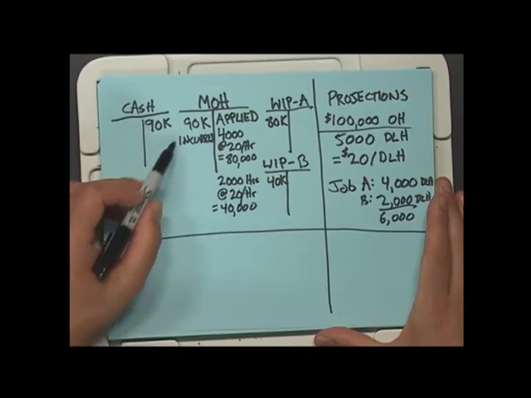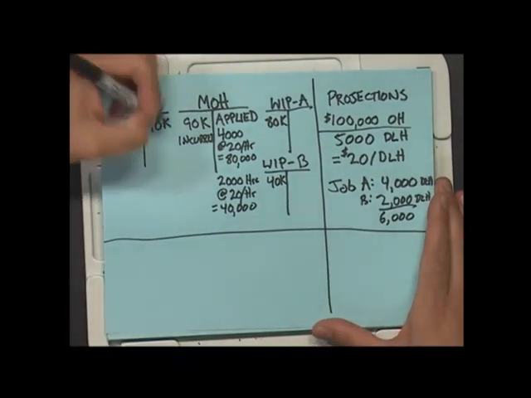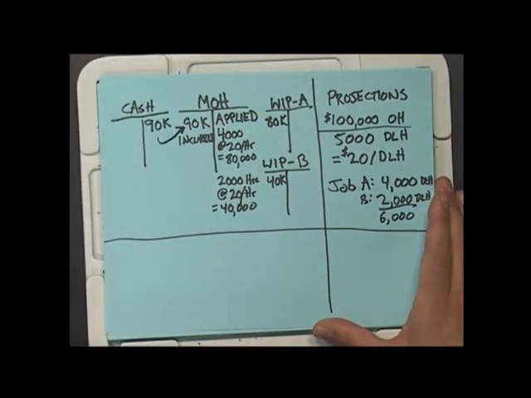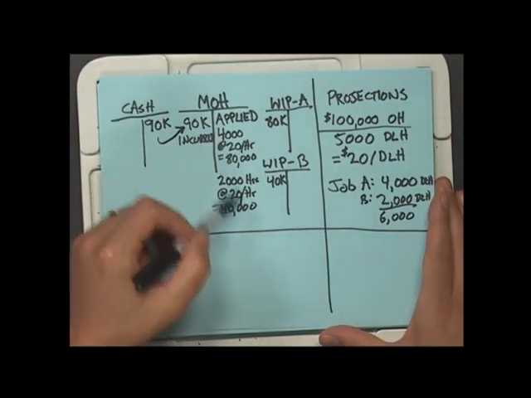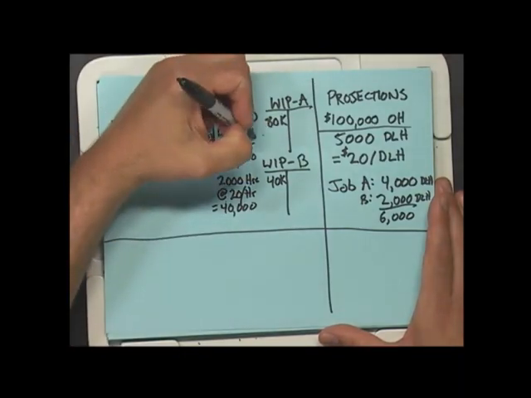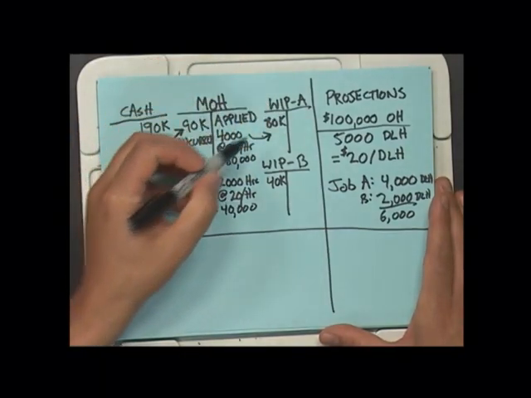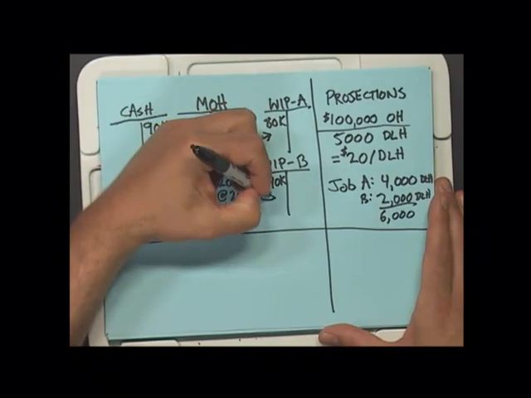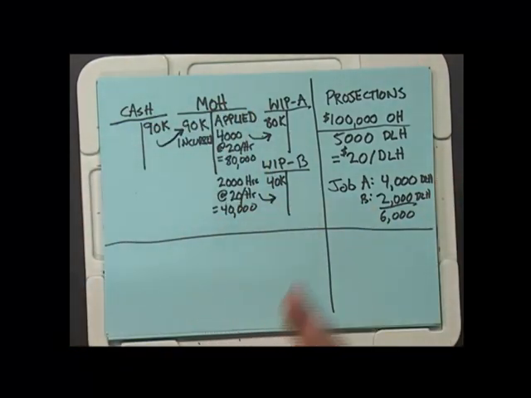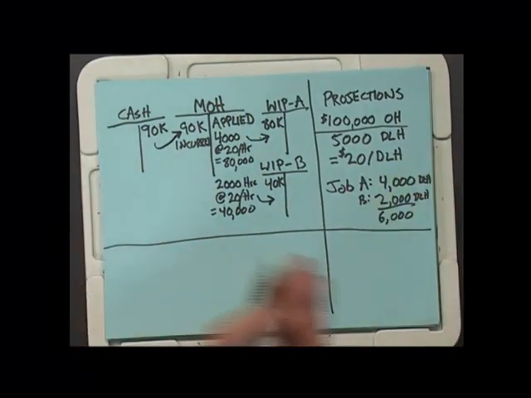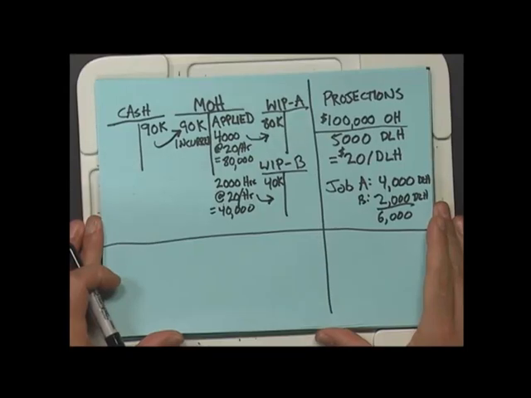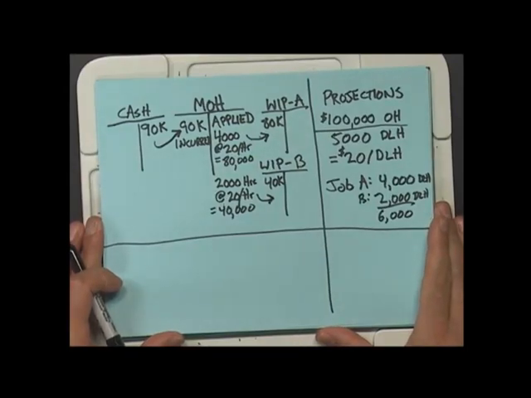We use up this cash resource, that's a credit, and we put it into manufacturing overhead. We apply the manufacturing overhead, that's a credit, and we put it into our work in process accounts. So if you really think of the flow of the dollars, it's from crediting one account to debiting another. So I tend to think about the credits first.